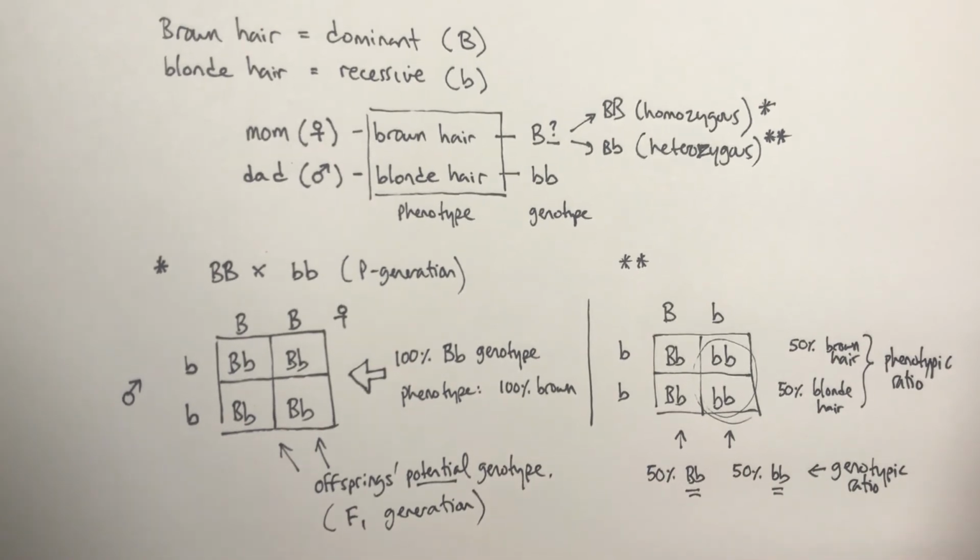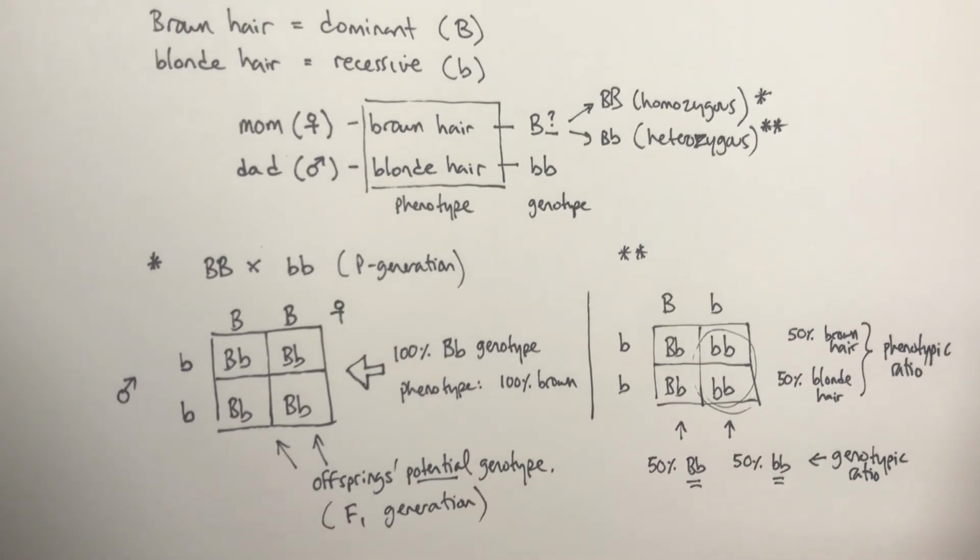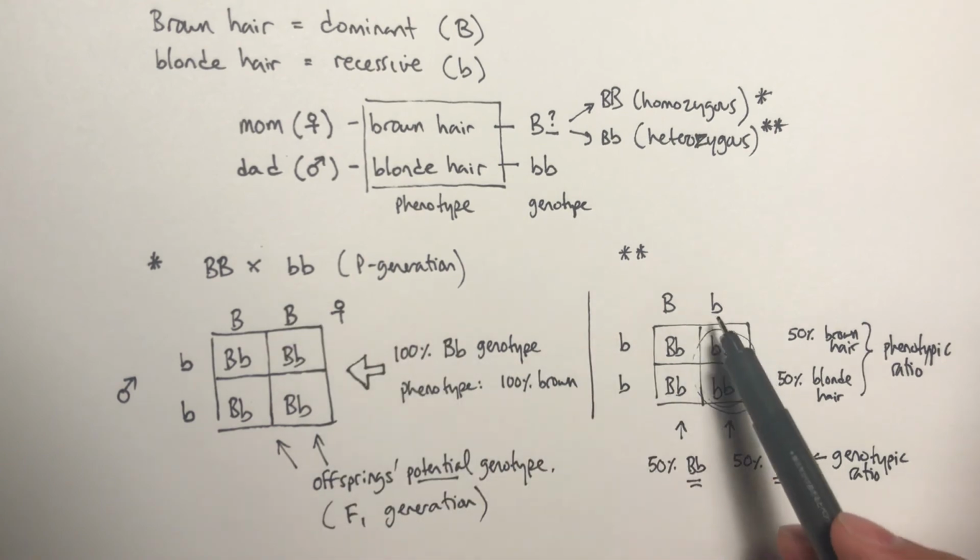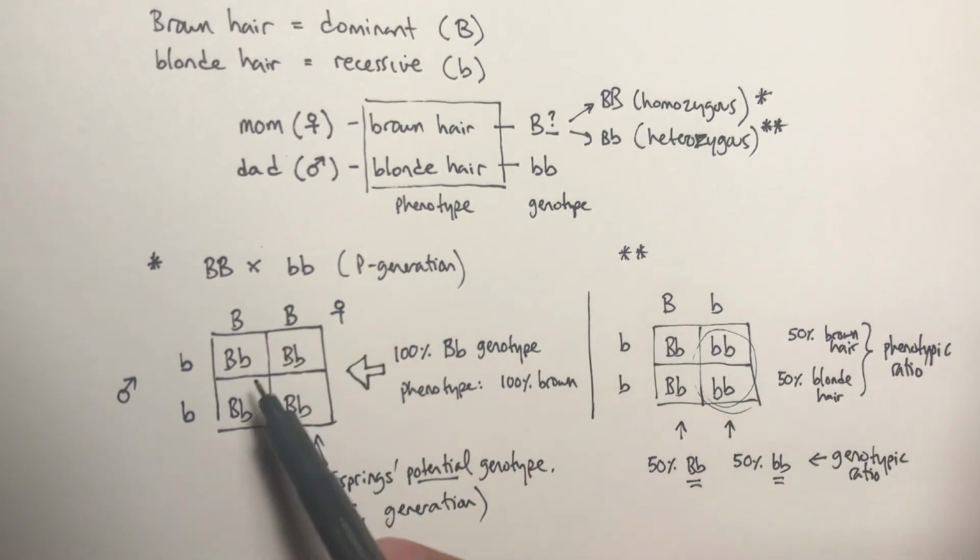So in these two scenarios, the parents both seem identical. They both seem to have mom with brown hair, dad with blonde hair. But because of the difference in mom's genotype, it makes a significant difference in what the offspring could be.